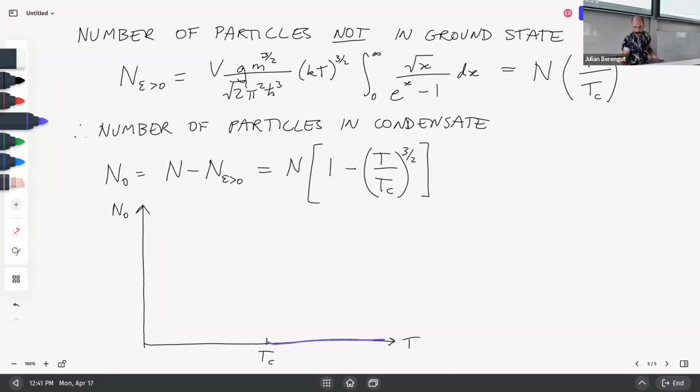There might be a couple in there. I'm not saying it's exactly zero, but it's close enough to zero that relative to the rest of them, it doesn't matter. Below TC, it goes as 1 minus (T over TC) to the 3/2. That just looks like this. It goes up to big N.